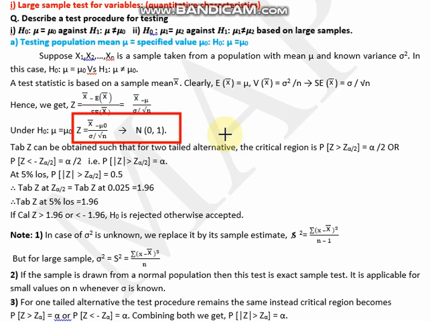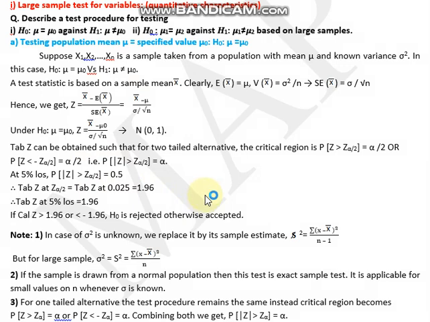And now I have to compare this calculated value of z with the table value of z. For two-tailed alternative, since my alternative hypothesis is mu not equal to mu naught, this is a two-tailed test, and in case of two-tailed alternative, the critical region becomes probability of z greater than z alpha by 2 equal to alpha by 2, or probability of z less than minus z alpha by 2 equal to alpha by 2.